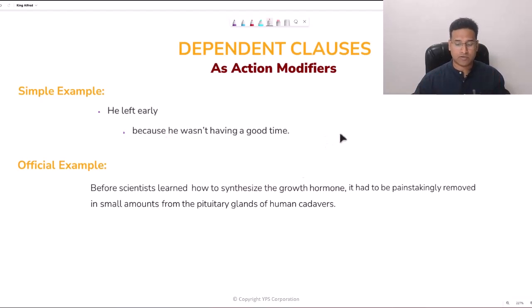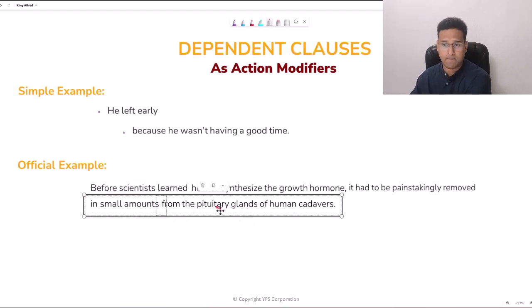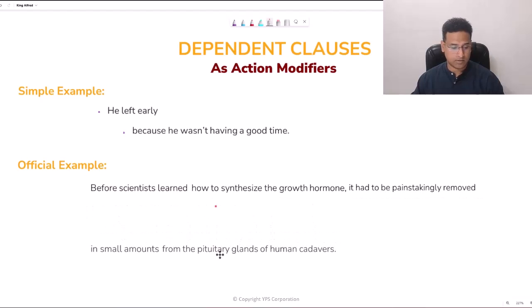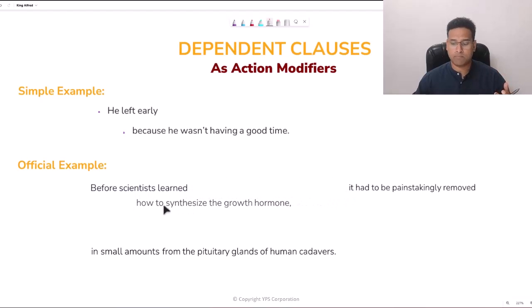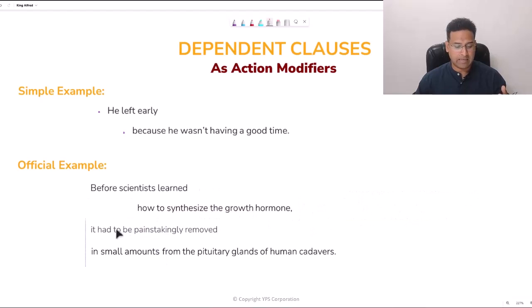But let's look at the structure now, and let's quickly do our sentence structure analysis. Let me first get this out of the way. Okay, let's bring this down here. Okay, so before scientists learned something, what did they learn? How to synthesize the growth hormone. We have the main idea here.